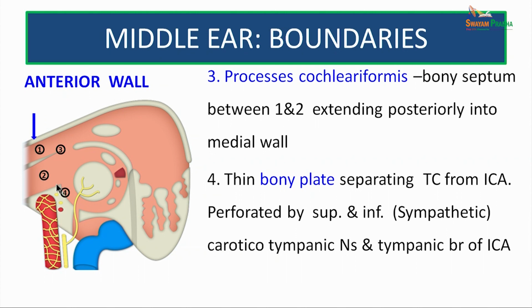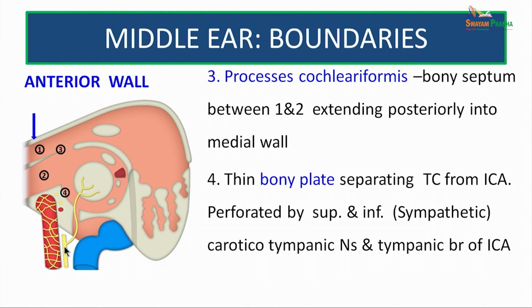There is a thin plate of bone separating the tympanic cavity from the internal carotid artery. This bone is perforated by the superior and inferior caroticotympanic nerves and the tympanic branch of the internal carotid artery.